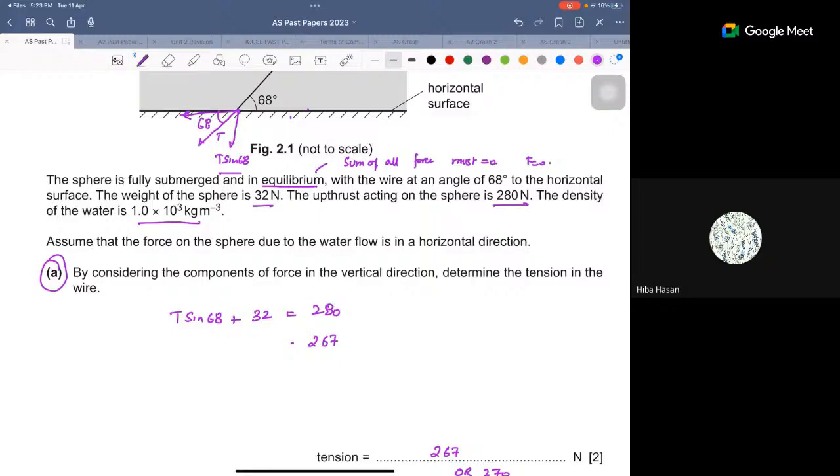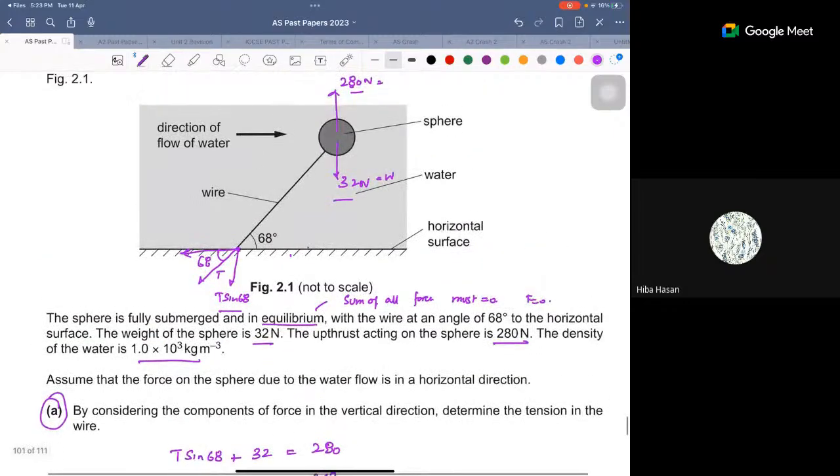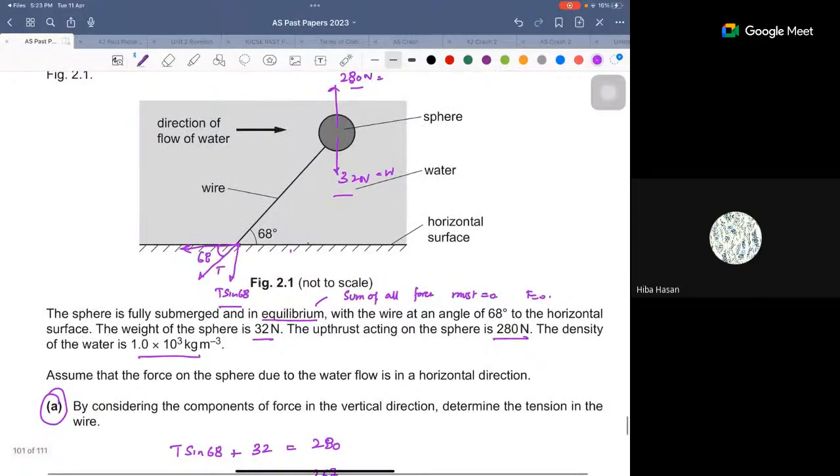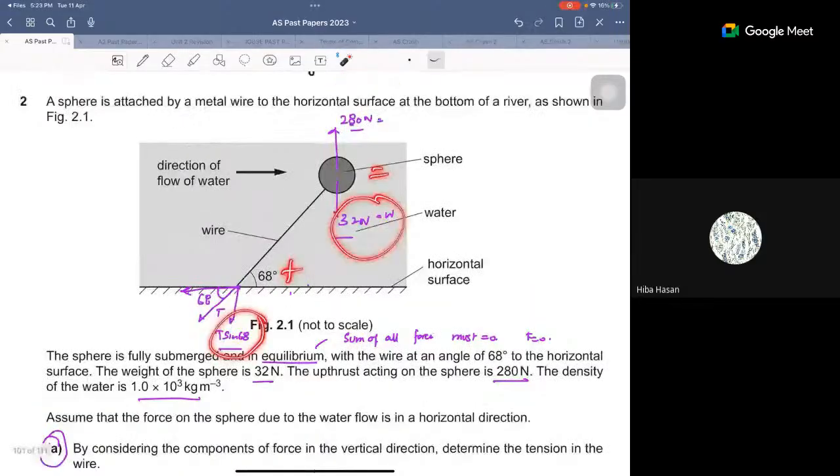Yes. So what I've done is, if this needs to be in equilibrium, that means the forces that are down and the forces that are up must be equal to each other, right? So this force was down, this force is also down, this is up. So I added these and put it equal to this. Do you get it?